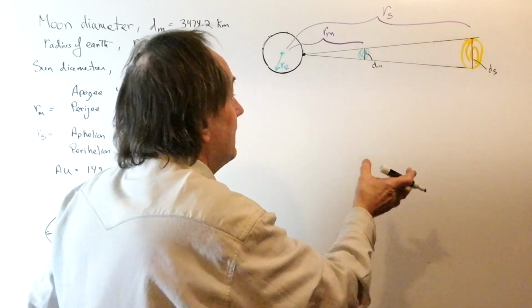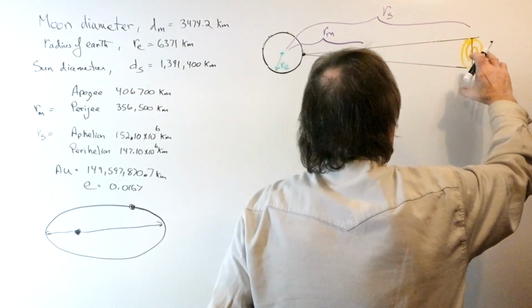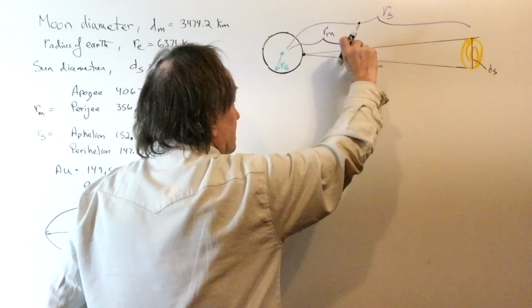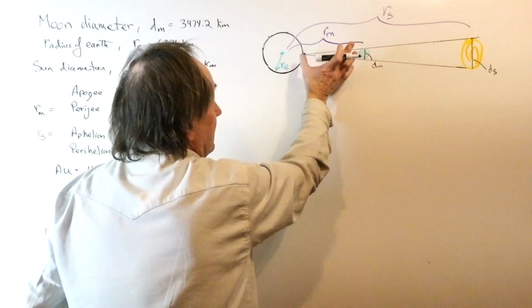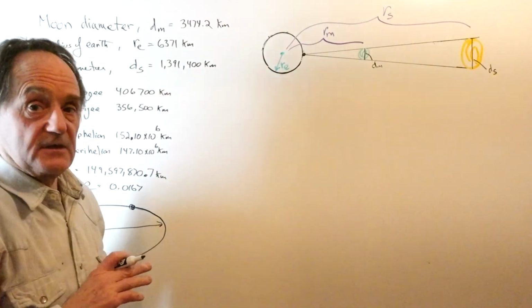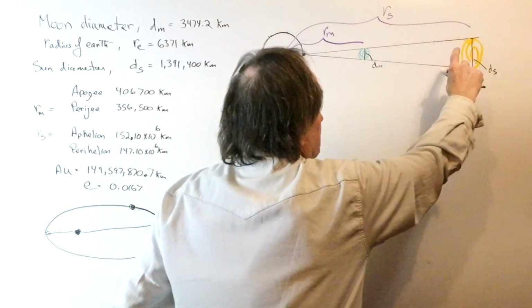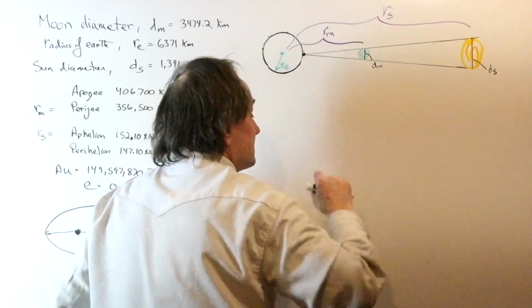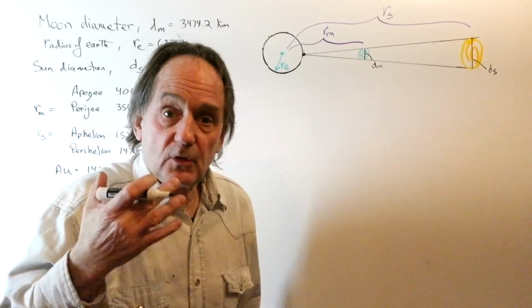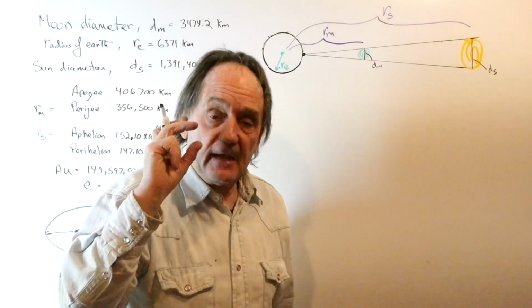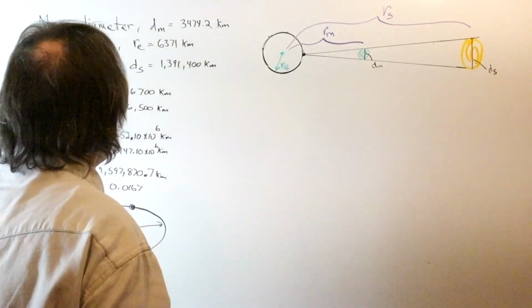It turns out that the distance to the sun and the sun's diameter is about in the same ratio as the moon diameter is with its distance from the Earth. The ratio of the diameter to the distance is the same for the sun and the moon. That's why the moon totally blocks out the sun at about the same angular disk size.